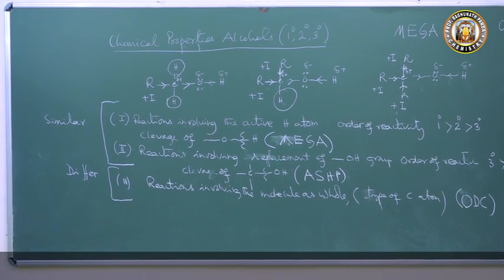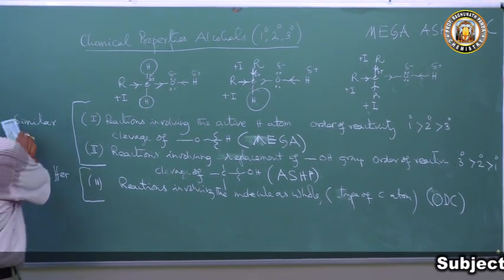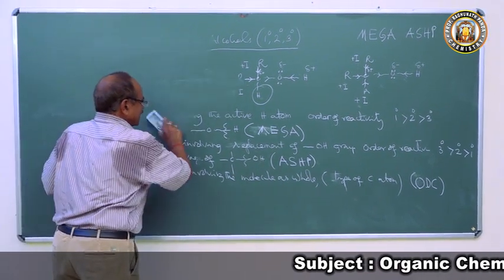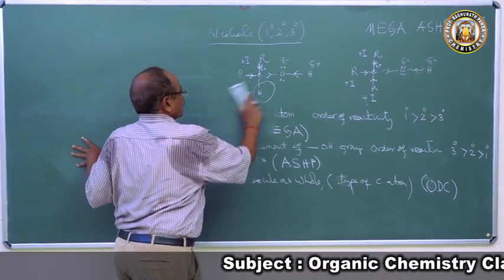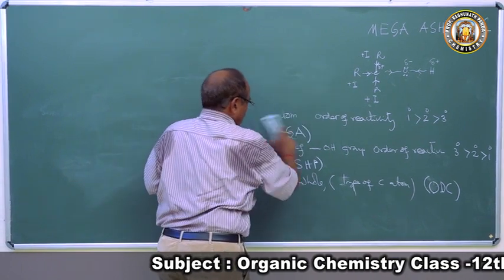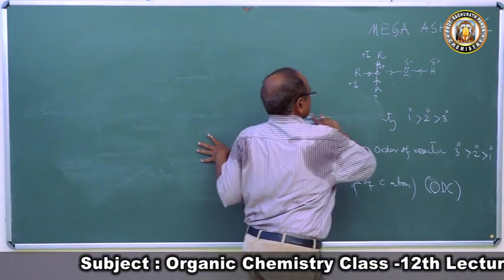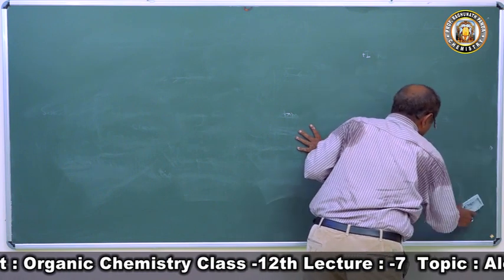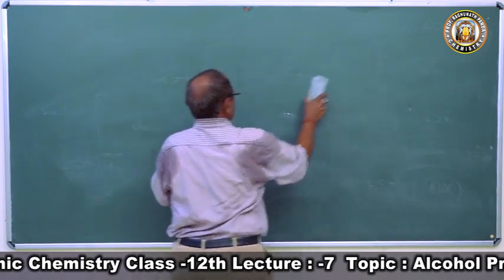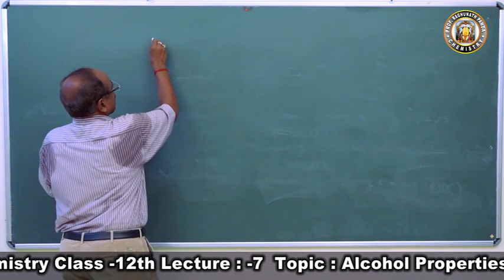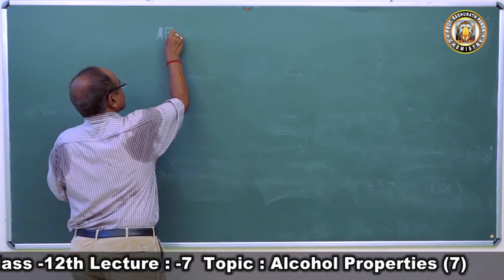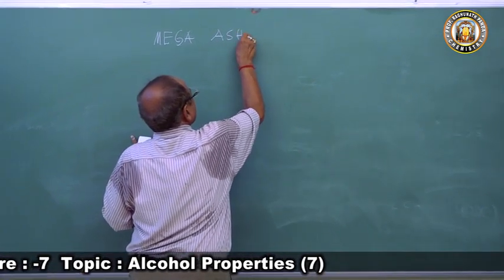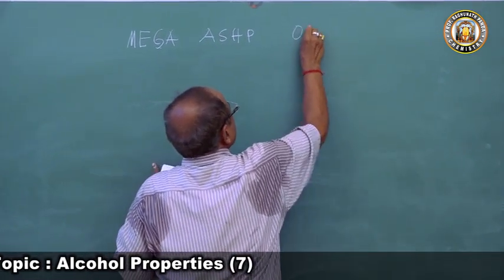So let me now expand this. What do I mean by this MEGA ASHP? Because very often we want to go serially and revise our subject. So if we go by this code, then it will be very, very easy for you to remember the properties of all three types of alcohol: MEGA, ASHP and ODC.